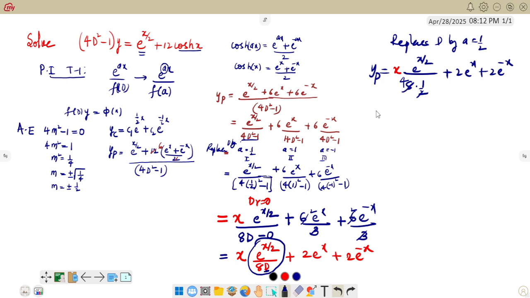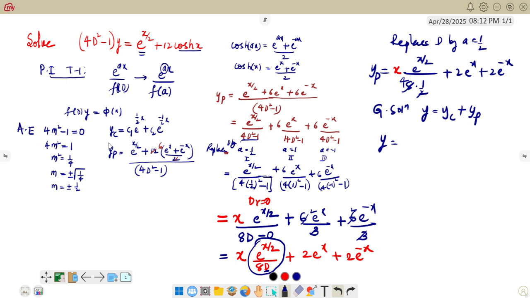Therefore, the general solution is, what is the general solution? The general solution is y is equal to complementary function plus particular integral. So what is the complementary function?